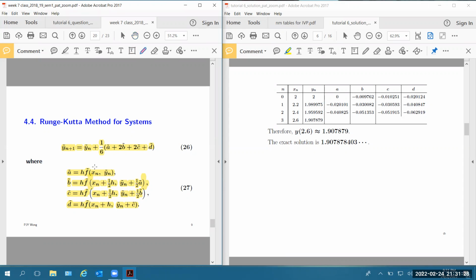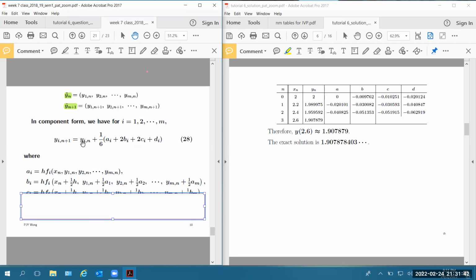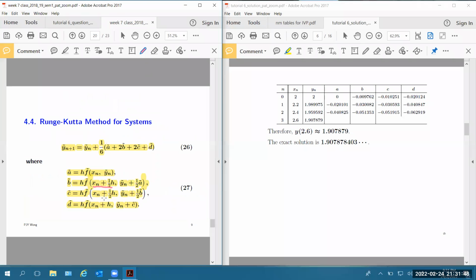Okay. Well, I see that the first one is xn plus half h all. Yeah, the first one is like this. Okay, so that's what we have. You can see the first one is your xn plus half h, right? And then how about the subsequent one? Oh, the subsequent one is yn tilde plus half a tilde.